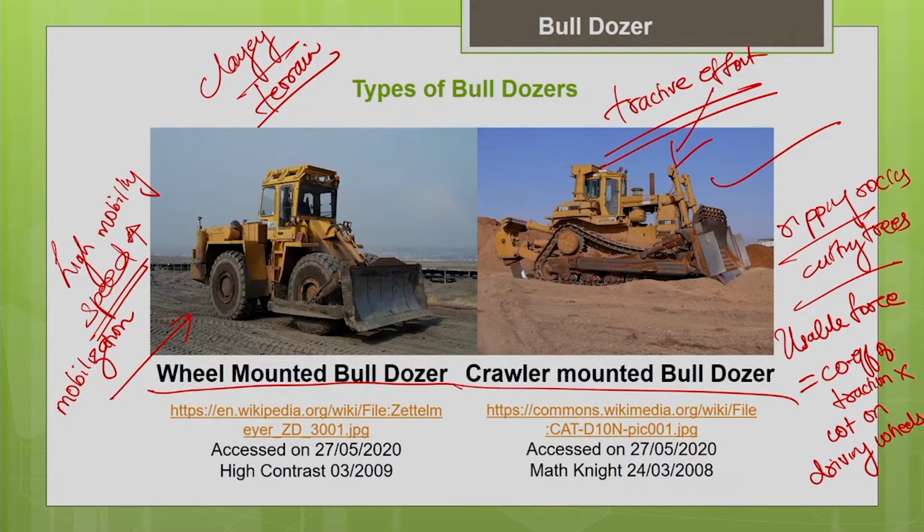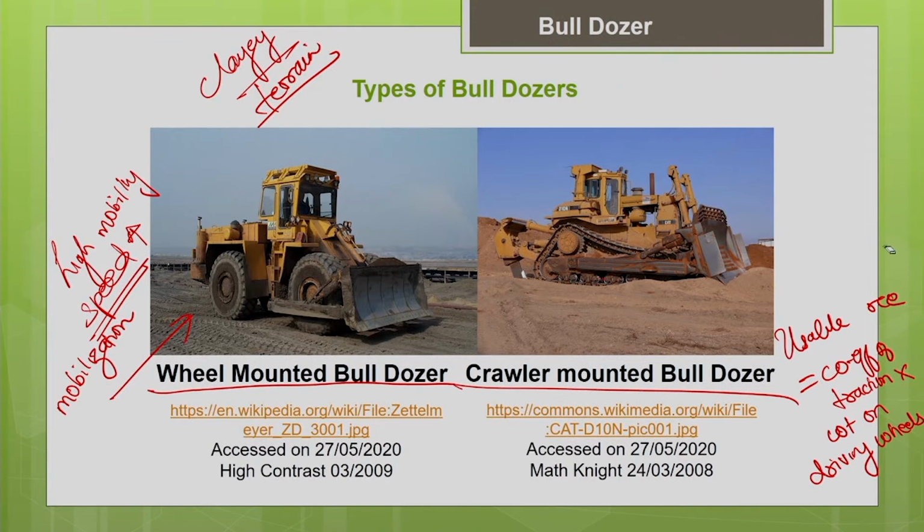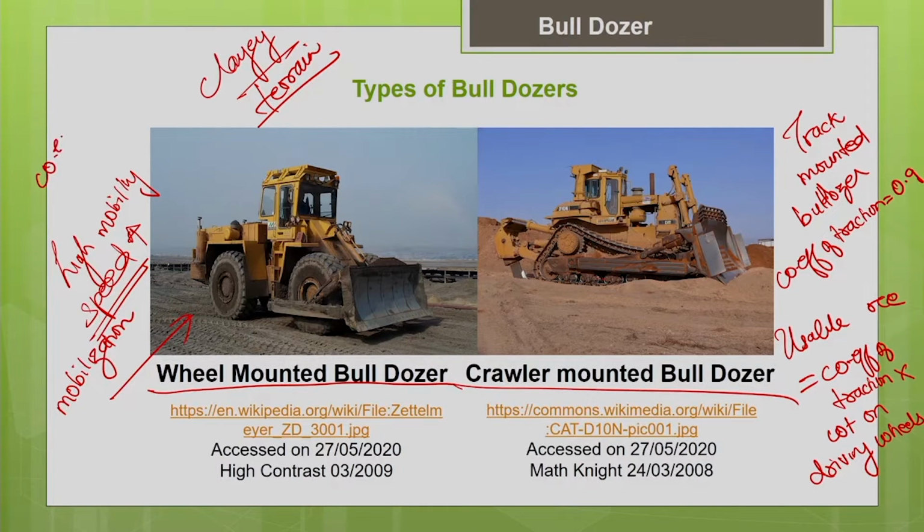So when you consider your track mounted or crawler mounted bulldozer, here the coefficient of traction may be approximately 0.9 on a clayey terrain. So here for the wheel mounted, the coefficient of traction may be only say 0.5.